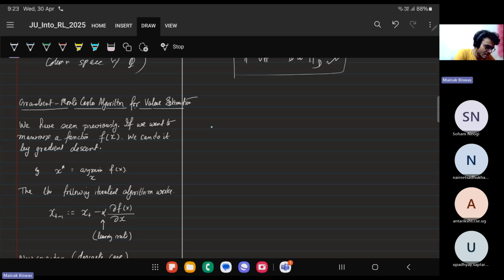We learned that if we have a function L that is a function of W, I can get W_{t+1} as W_t minus alpha times dL/dW at W equal to W_t. And I said that using this learning rate, I could basically roll down this incline and go to the minima. This is called the gradient descent algorithm.